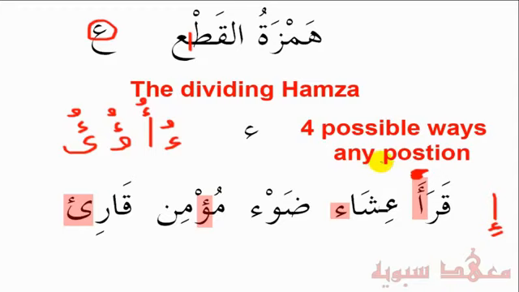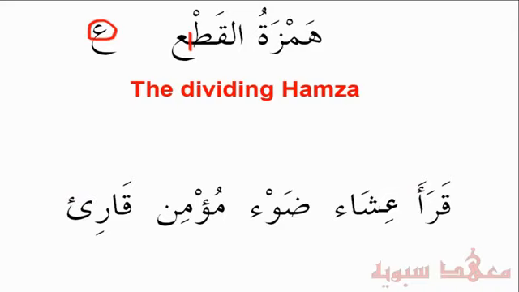Let's speak about how to write the Hamza. Here we have 5 words, the same words. And what I'm going to do is explain how the Hamza is written. Now what I'm explaining here is a general rule. There are exceptions to it. But generally speaking, this is how you go about doing this. You look at the harakah before. So here, for example, we have the Hamza. Before it is a fatha. If fatha is before the Hamza, then the Hamza is written on an alif, as you can see here.